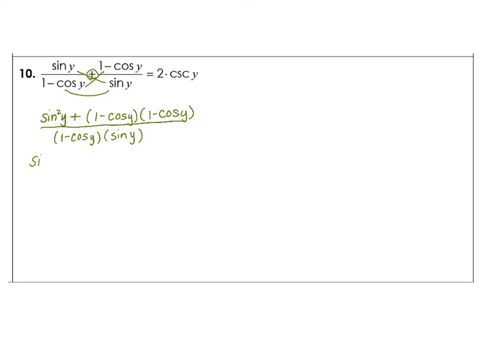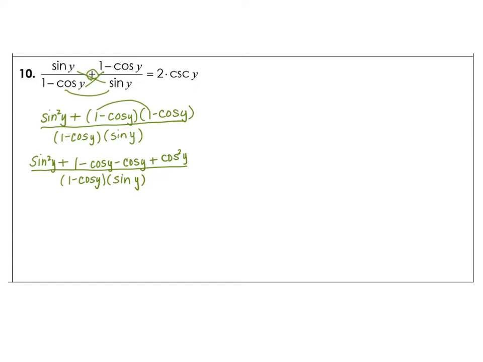So we're going to have sine squared y plus, here we're going to have 1 minus cosine y minus cosine y plus cosine squared y. And that again is all over this denominator. So we have 1 minus cosine y times sine y.